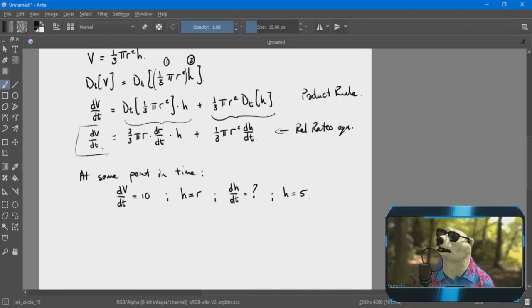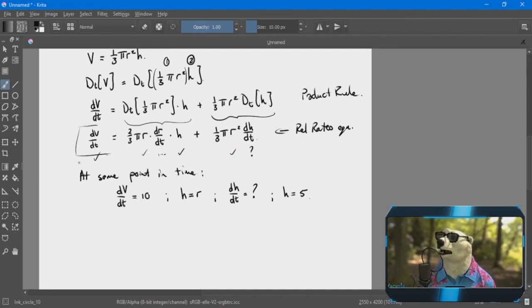So in my related rates equation, I have a value for dV/dt. I do have something for r. The dr/dt we will have to see. I have something for h. I have something for r. The dh/dt is what I want.